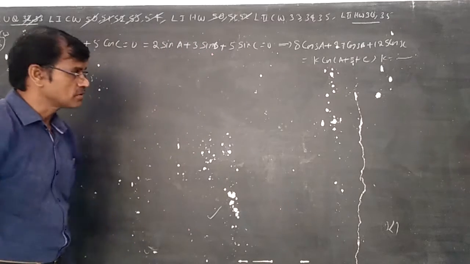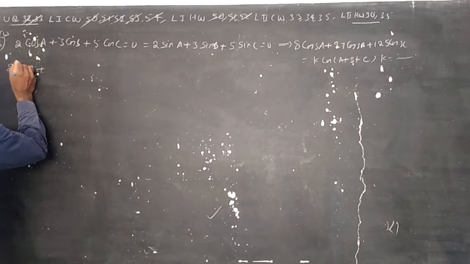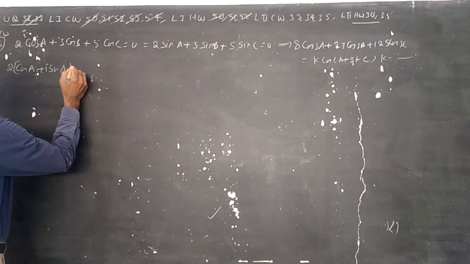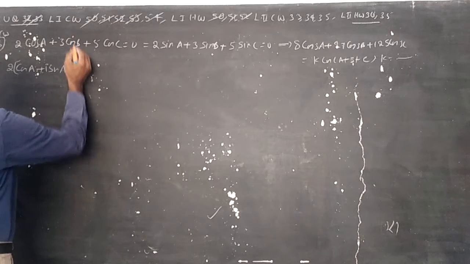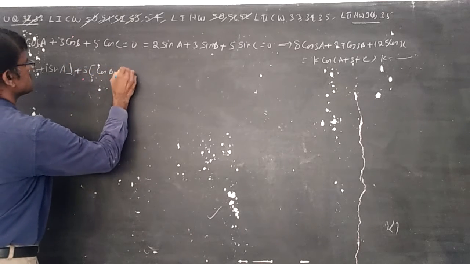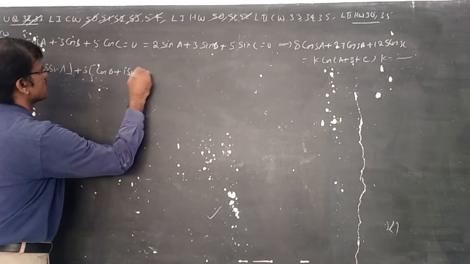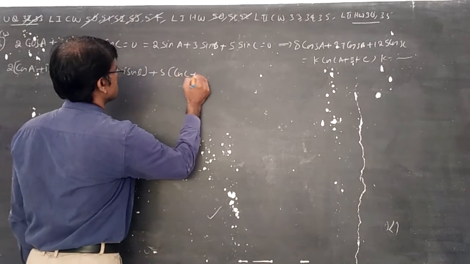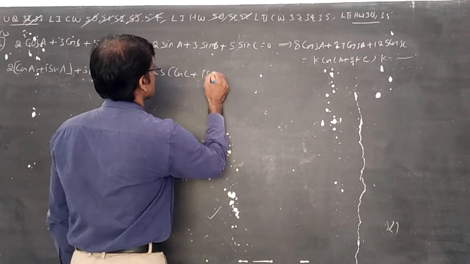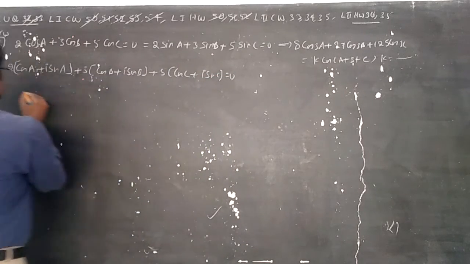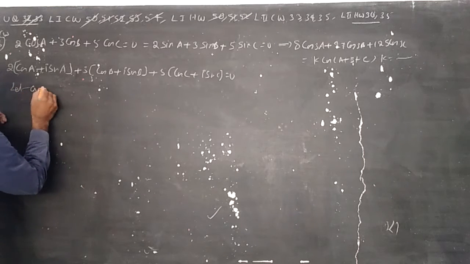So add both. Then you can understand 2 into cos A plus i sin A, plus 3 into cos B plus i sin B, plus 5 into cos C plus i sin C equal to 0.